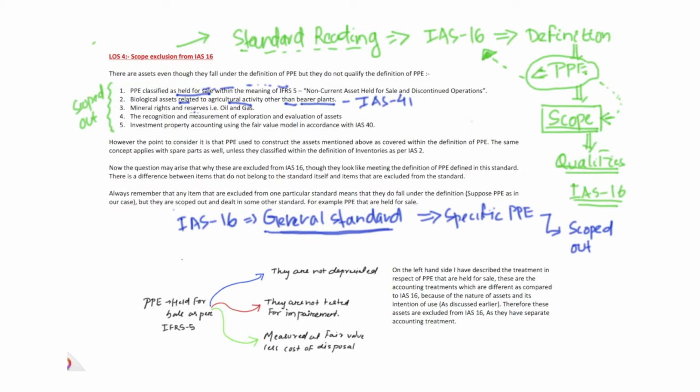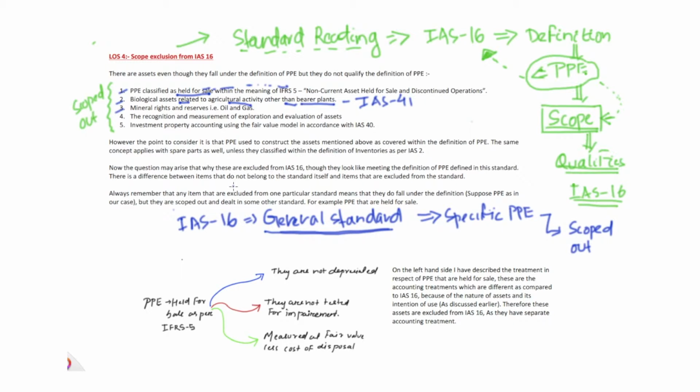In such a case, it's a running cycle, rather than cutting the tree, we are plucking the fruits from the tree. Hence, those meet the definition of bearer plants, and the accounting treatment for bearer plants is governed by IAS 16.